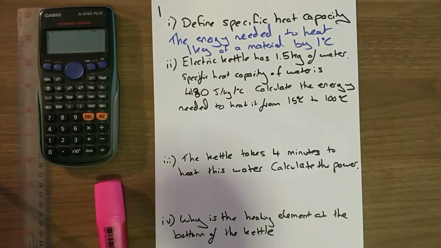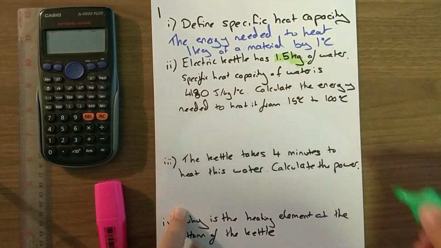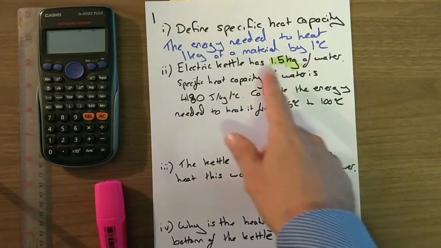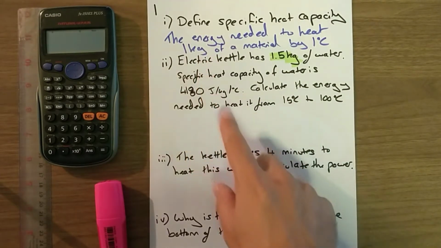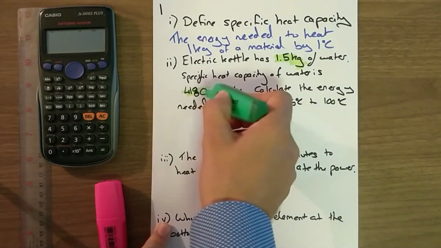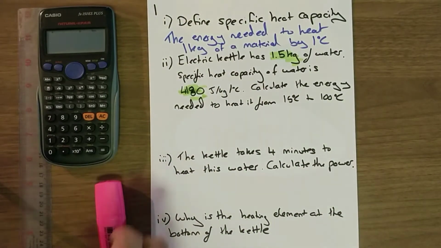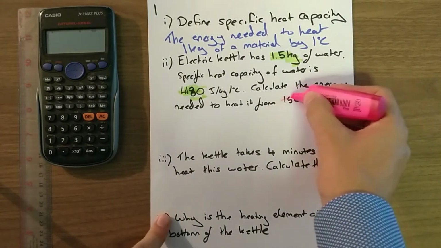As we read, let's keep an eye out. 1.5 kilograms of water, that's our mass, and kilograms matches kilograms within the equation, so we're sorted. The specific heat capacity of water is given as 4,180 joules in this question, and we're asked to calculate the energy needed to heat it from 15 to 100.